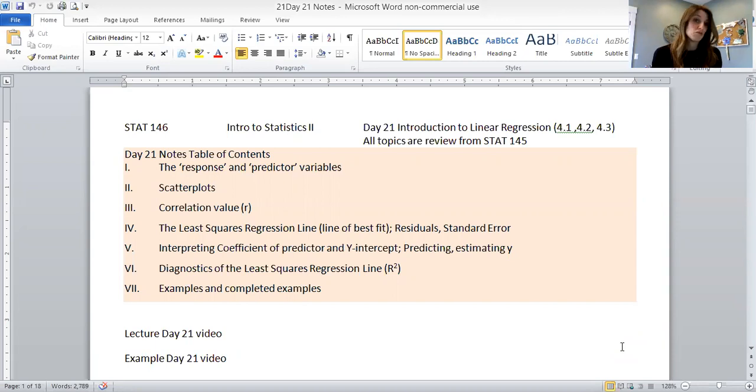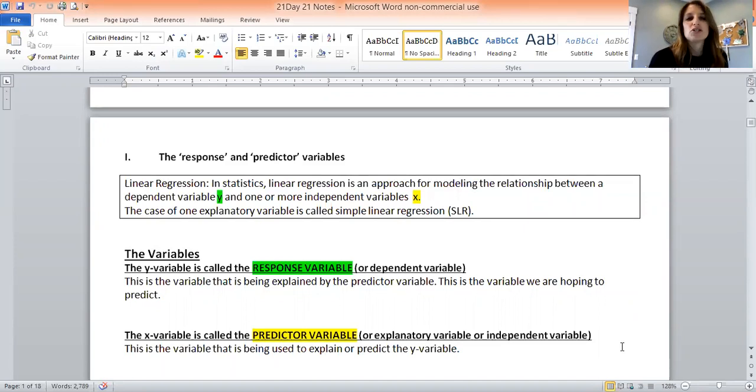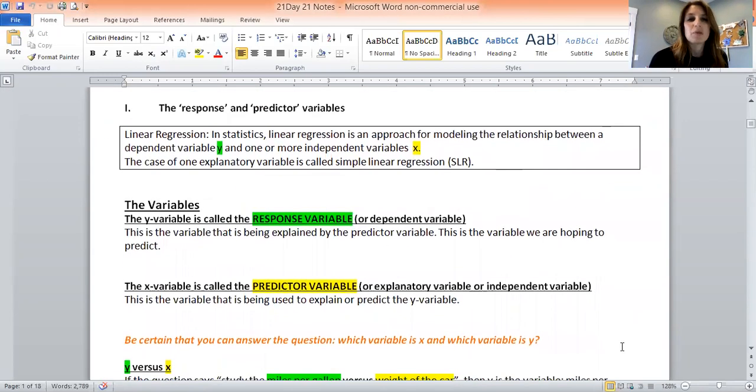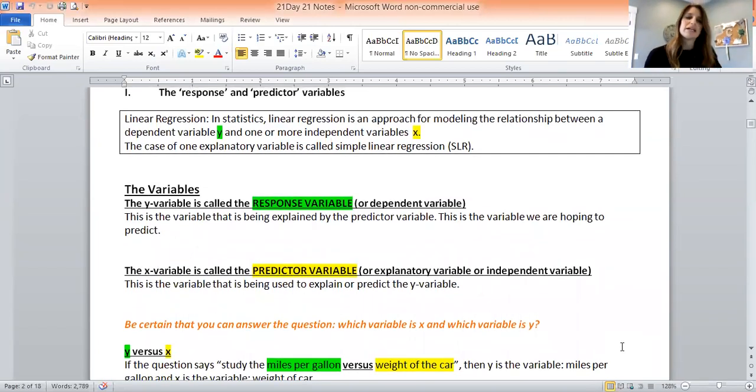So now I have two variables, my x variable and my y variable. My x variable is my predictor variable, and my y is what we call a response variable. When we're looking at a problem, reading it, or the data, we should be able to identify which one is x and which one's y.